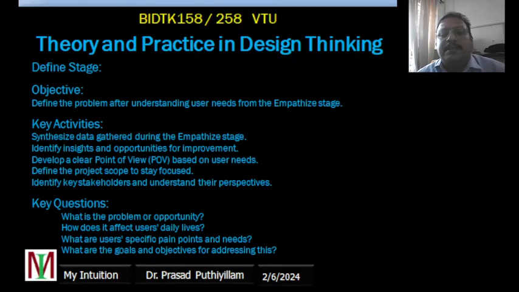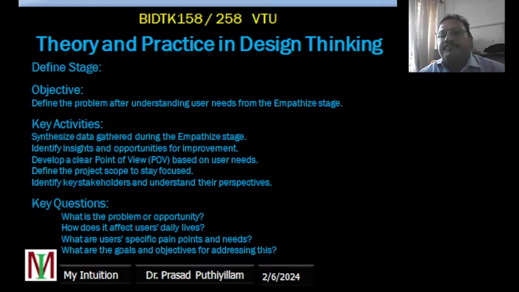So this detailed define stage makes sure that the design thinking process is focused on addressing the user needs and creating meaningful solutions. Even many questions we have to ask ourselves as well as the customer during the define stage also.